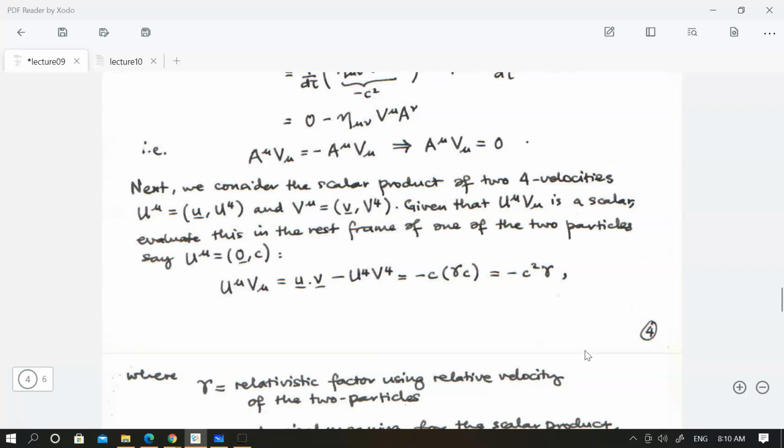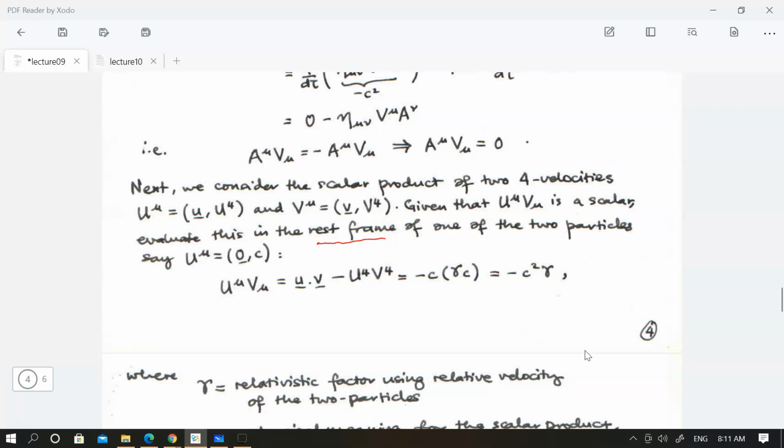A good way is to fix one 4 velocity to a special frame. In this case, you can consider the rest frame, or the proper frame, of one of the particles, and then see how the other particle moves relative to the first particle. If you do that, your u mu will take this form: zero velocity here, and the fourth component is just c.